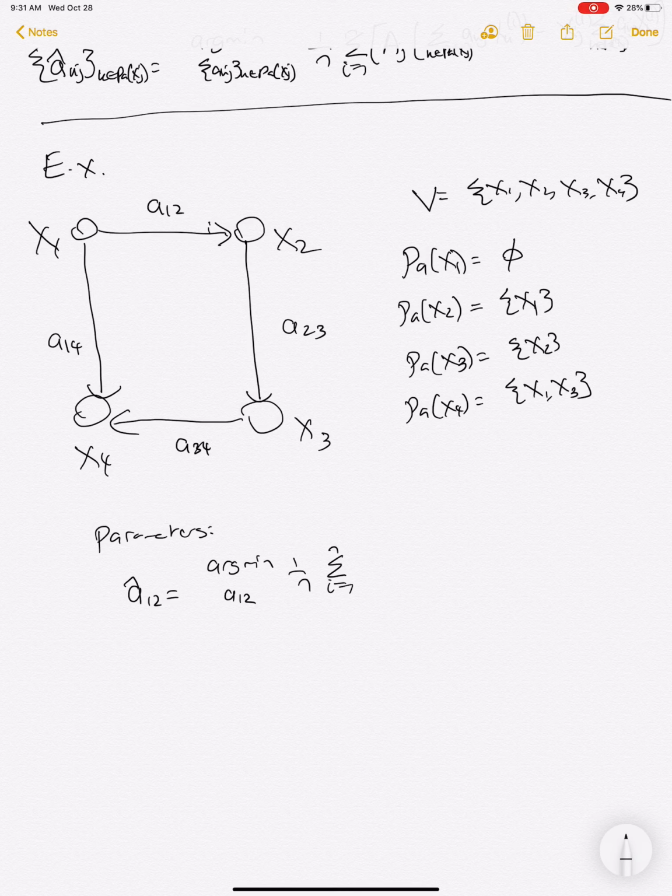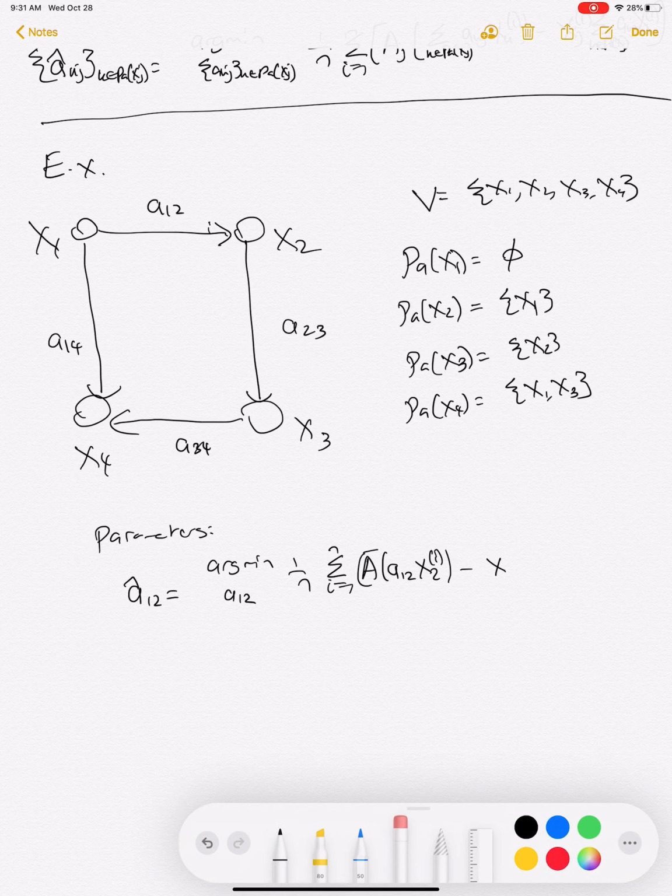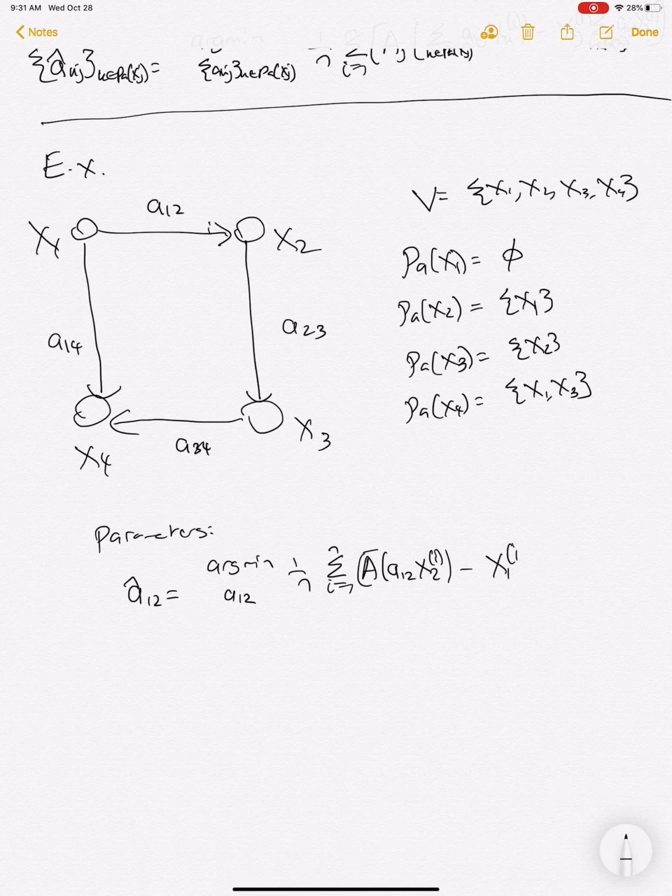This is going to be A12 x2i minus x1i, and then A12 x2i. Or, to make it a little less clunky, I'll just say A12 x1i x2i.